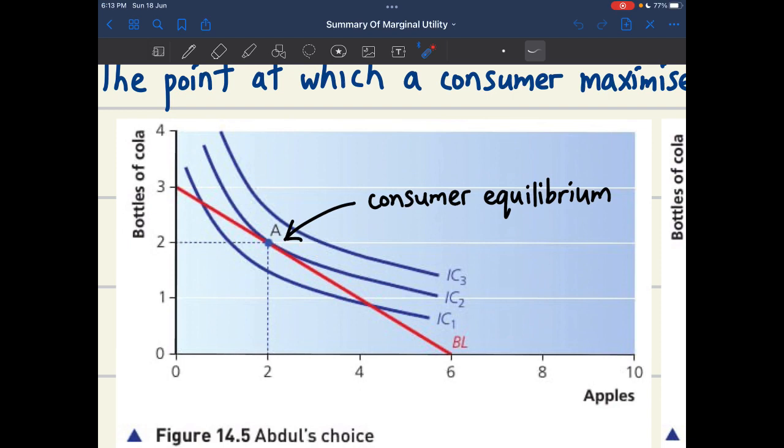If you were to consume at IC2, then you'll be able to consume 2 apples and 2 bottles of cola, right? As long as it's tangent, you touch the line, then you'll be able to maximize your total utility by calculating the amount at the point where the IC curve touches the budget line, and this is illustrated here as the tangency here. This will be a consumer equilibrium, all right?